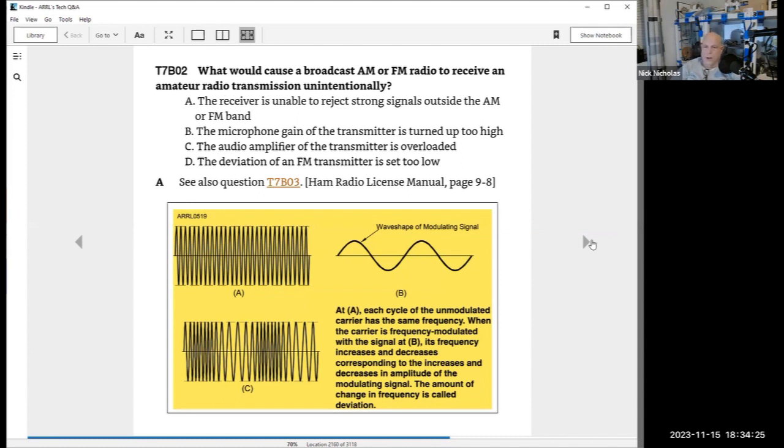That would be a very likely possibility. The rest of these don't apply. Now, the front ends on consumer electronics receivers, televisions, AM, FM receivers, are nowhere near as sensitive, nor do they have the ability to reject as well as ham radio receivers.